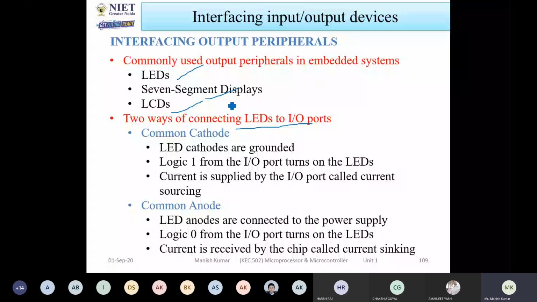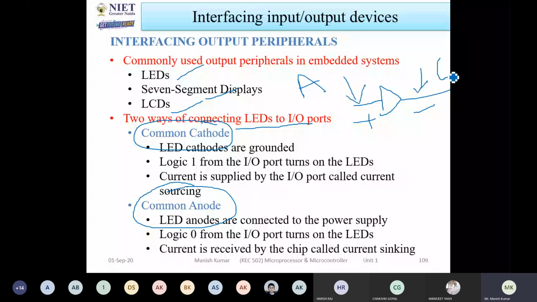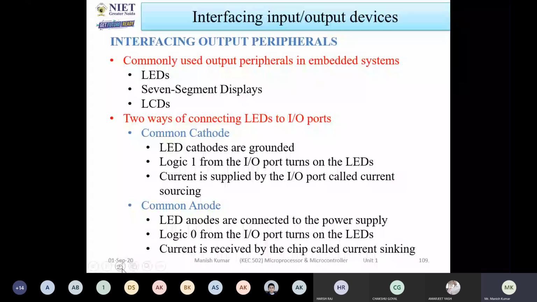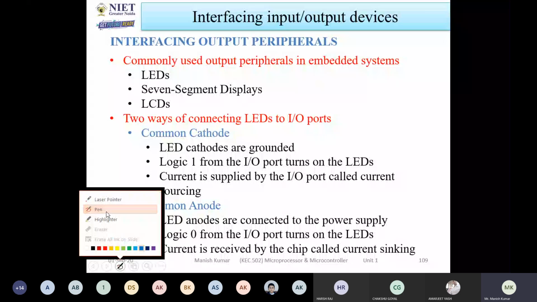All of you know the diode. This diode has a plus and a minus. The plus is called the anode and the minus is called the cathode. So when we are dealing with the common cathode, what will happen?